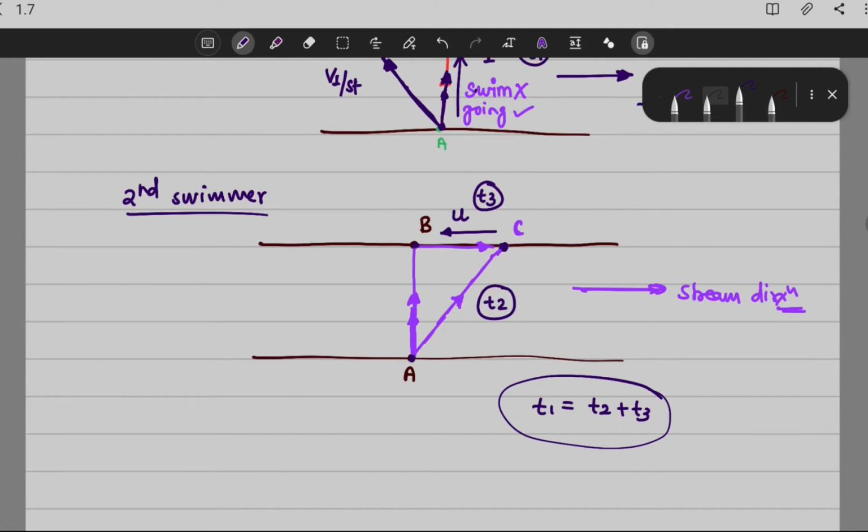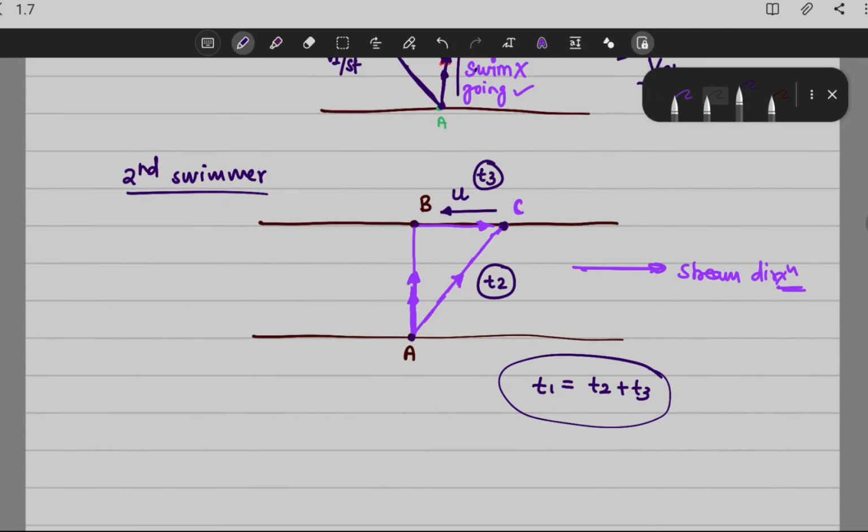Now if we talk about swimmer 2, it is swimming in this direction with velocity v2 with respect to stream, and this is the velocity of the stream, and later after reaching C it moves in this direction with velocity u.